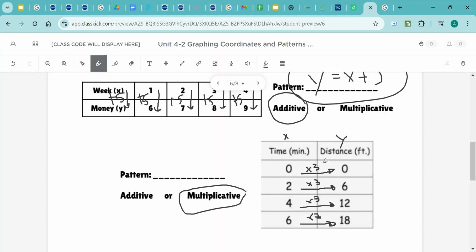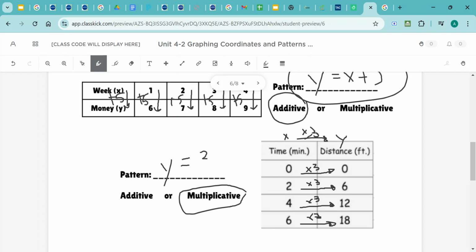And then we also want to be able to write this as a pattern. Well, we always start with our y, and we know we're multiplying our x by 3. So I'm going to say y equals. Remember, we always start our equation out with y equals, and then we just write what's happening to our x value. x is being multiplied by 3.